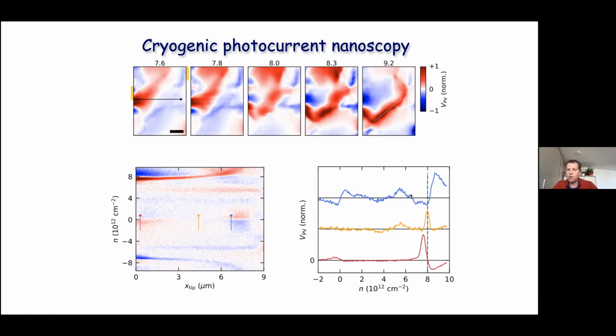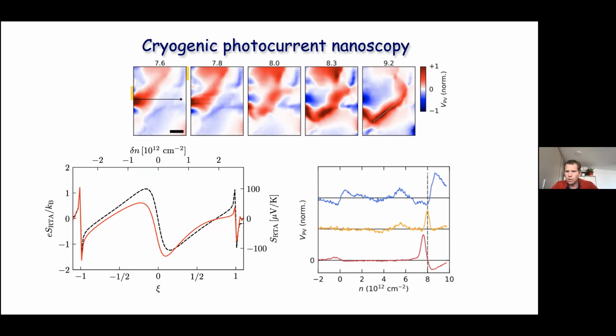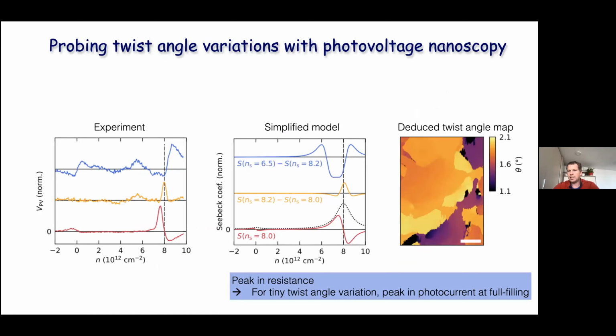So by some more deconvolution technique, we can estimate the twist angle from these different locations and make a simplified model that gives a twist angle map. That is shown over here. This is still preliminary data, still ongoing work, but I wanted to share it with you. These data are also taken with the cryogenic near field microscope, because you would never see these sharp features at room temperature. You really need to go to low temperature to see this.